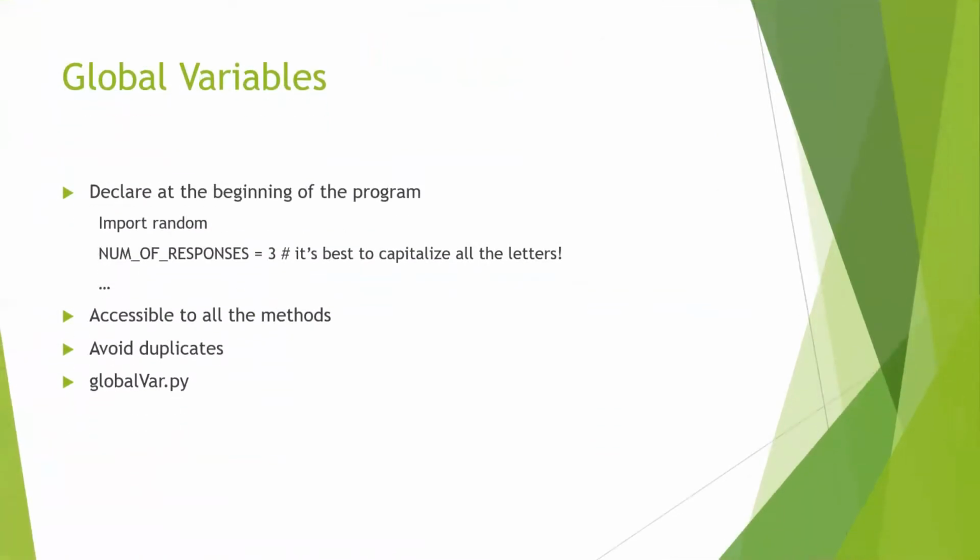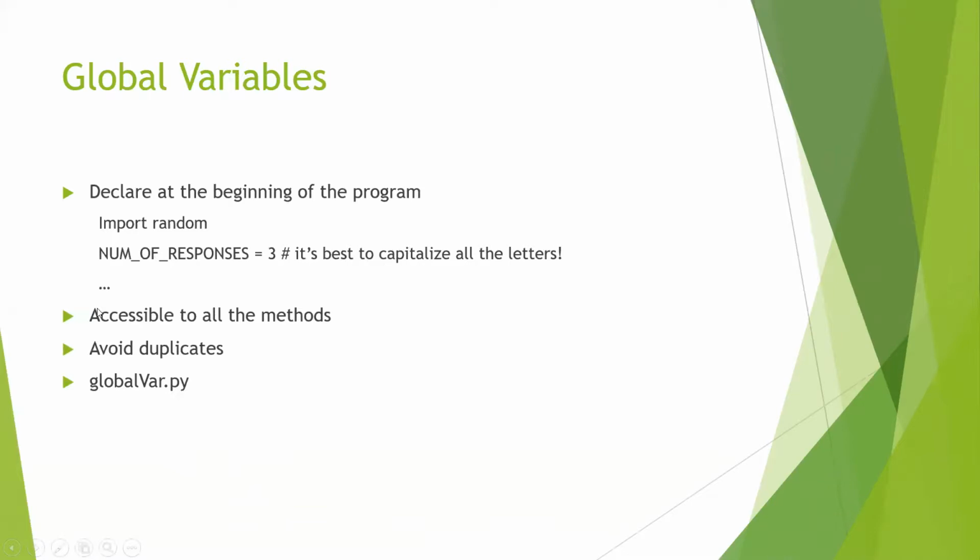So right now, we're gonna do a bit with global variables. You want to declare this global variable at the beginning of the program. Let's call it num of responses. And it's best to capitalize all the letters to tell Python, and also other programmers who want to read your work, that this is a global variable.